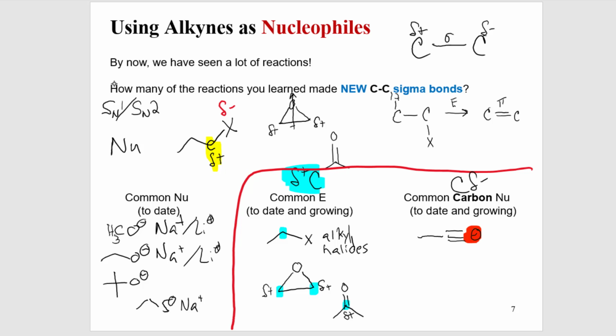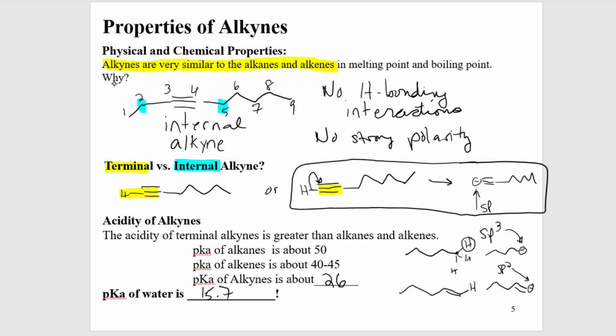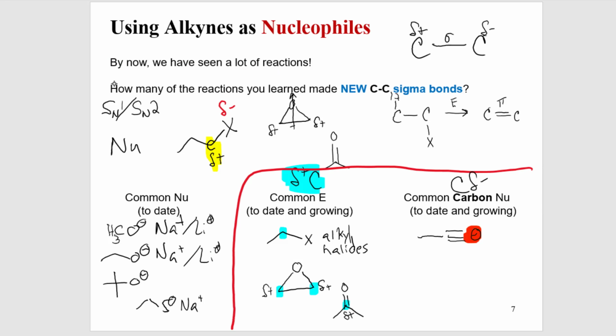Because we just said that as long as your alkyne is terminal, if there's a proton there, I actually could add a base that was strong enough to deprotonate it, and that's going to give me my carbon minus. Now I could possibly do some carbon-carbon bond chemistry. So we're going to use this little framework here of common carbon electrophiles and common carbon nucleophiles when we're learning new chemistry from here forward.